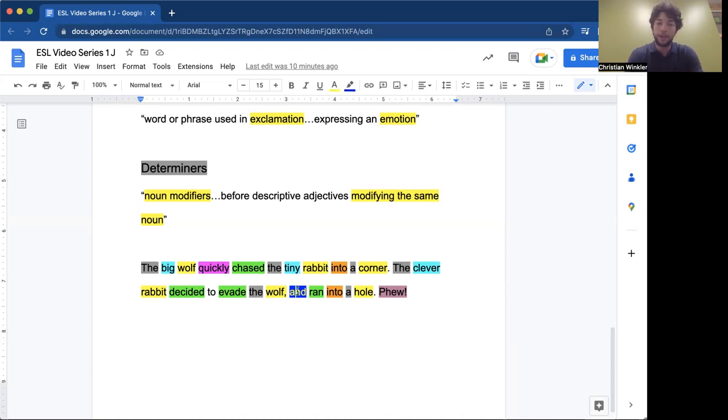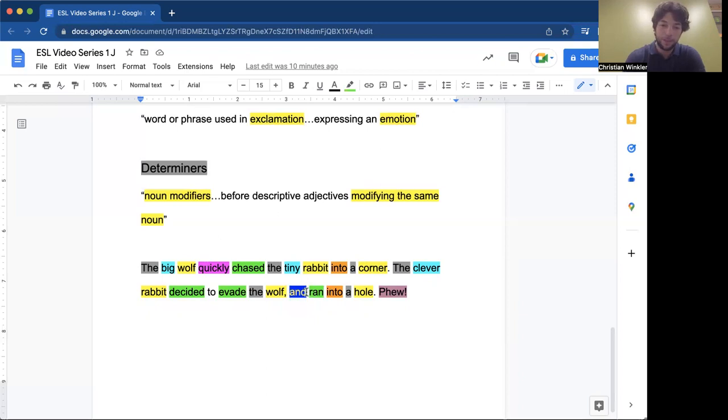Okay, and then finally we have our conjunction here, the word and. So this links together this action here, the rabbit deciding to evade the wolf, and provides more information about how that happened: ran into a hole. Are there better ways to say this? Yeah, but does it make sense? Yeah.